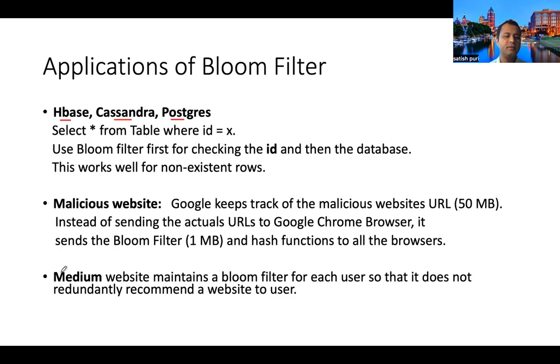Medium is a website, and it maintains a Bloom filter for each user so that it does not redundantly recommend a website to the user. So Bloom filter holds some information so that you don't show the same content, the same website, to the user. So Bloom filter is used widely.